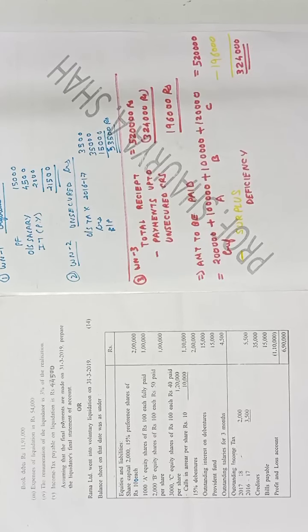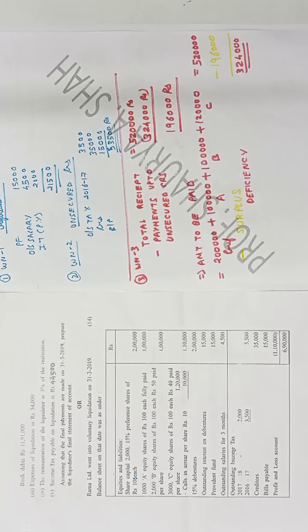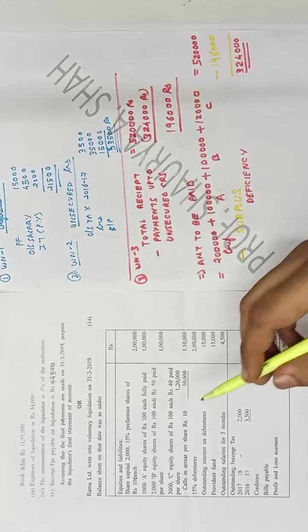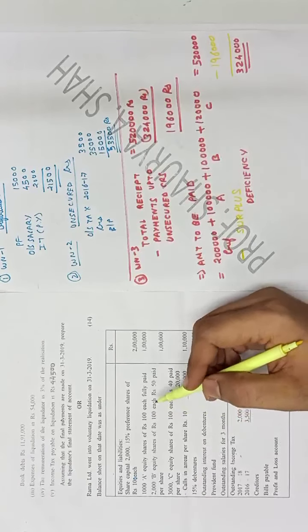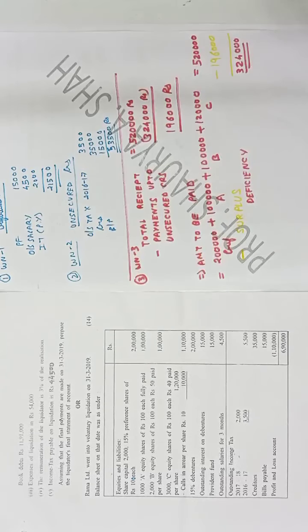In the previous sum the face value was different, I suppose, but here when the face value is the same, every share is having the face value of 100, right? So how to divide this capital deficiency? Now remember students, when the face value of all the shares is equal, they will be divided in the ratio of number of shares, right?